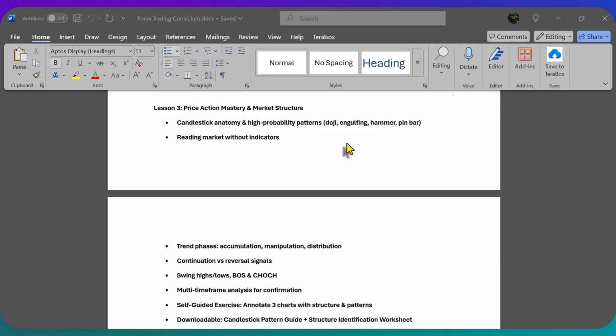So today I'm going to be walking you through candlestick patterns, how to read price without any indicators at all, the phases of the market, continuation versus reversal signals, swing highs and swing lows, and finally, how to use multi-time frame analysis for confirmation.